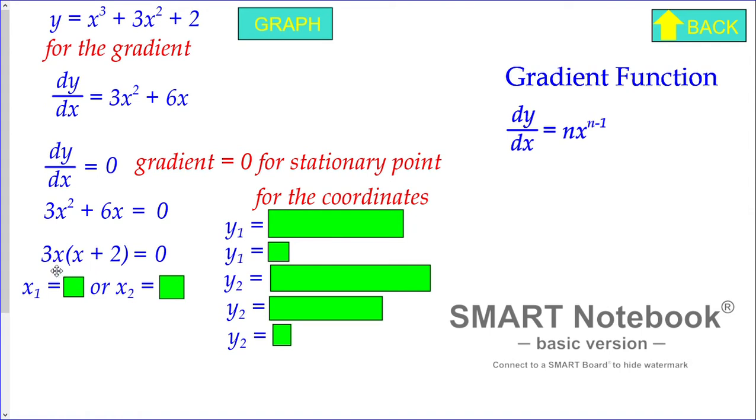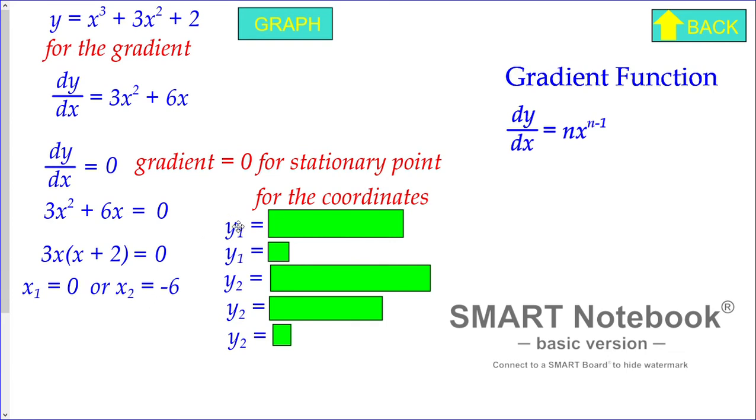In the first, x is equal to 0, because 0 times anything is 0. The second value of x that will make this 0 is minus 2, because minus 2 plus 2 is 0. So these are the 2 values of x where you will find our stationary points.